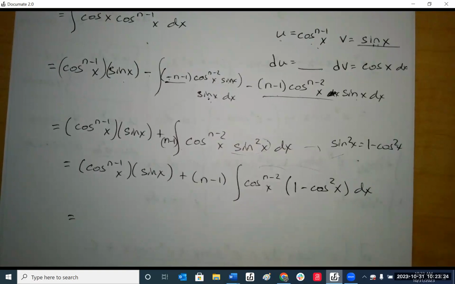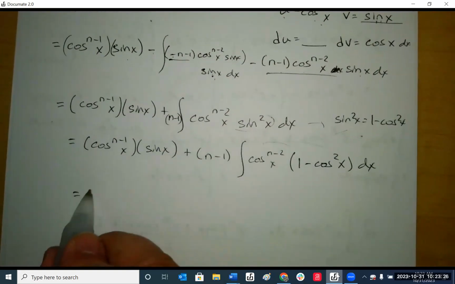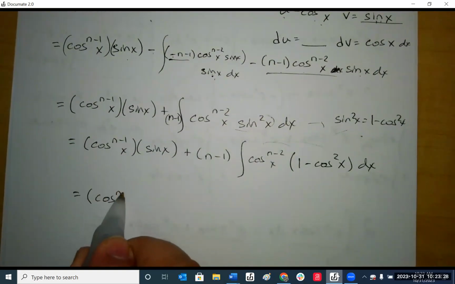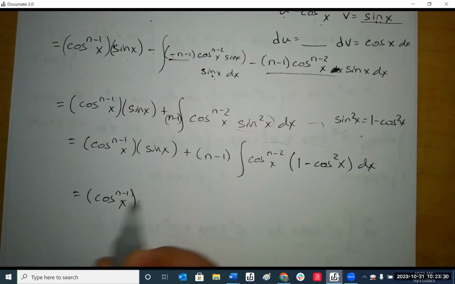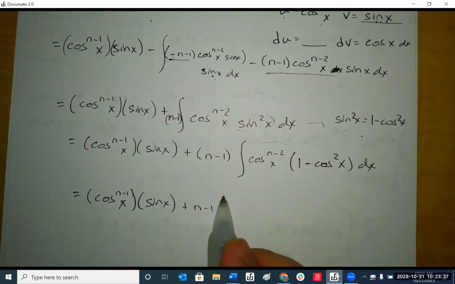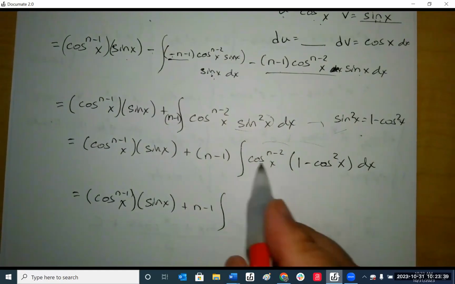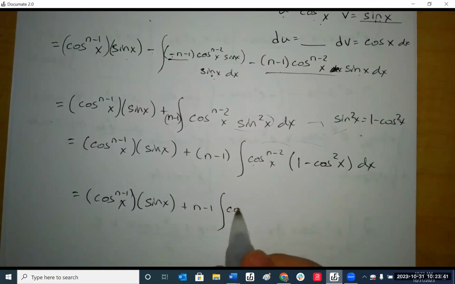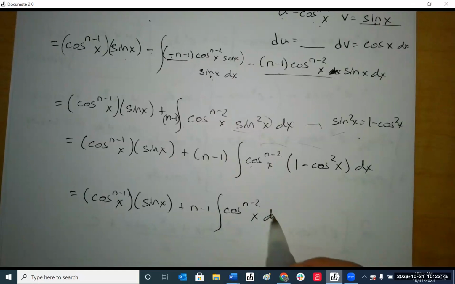Now we can distribute there. So we have cosine^(n-1)x sine x, and cosine times 1 is cosine^(n-2)x dx.